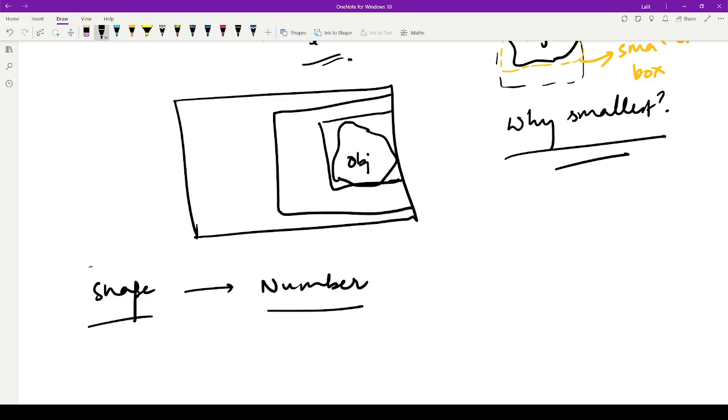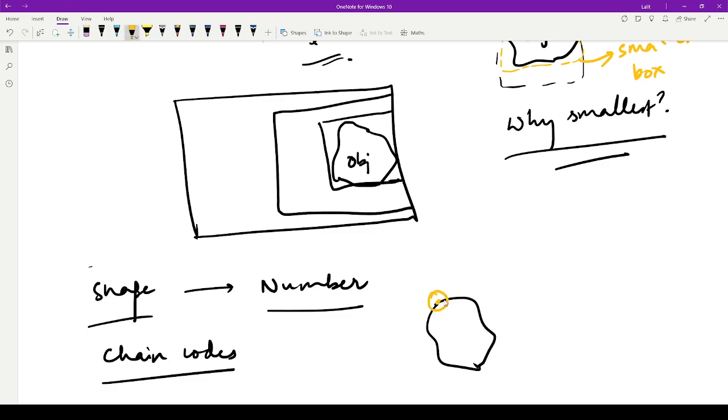But you have to encode it to some extent. One of the methods that was discussed in the lectures is the chain codes, where you try to track the object. For instance, if you have a given starting point, you just track the directions in which the object moves, and based on that, you get a set of numbers. That set of numbers is called chain codes.